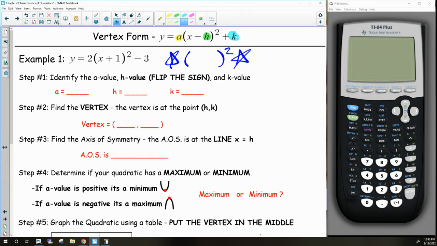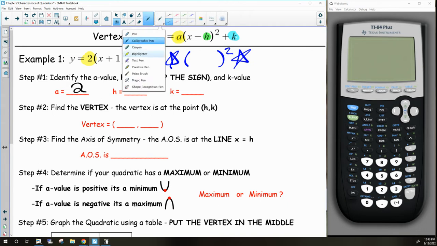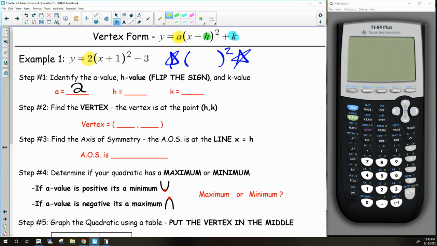It's way easier to work with 3 separate numbers than have to try to figure out what an entire equation is. So based on my vertex form and my first example, what is my A value? 2. Here's A right here, which means my A value is 2. So we know my A is 2.